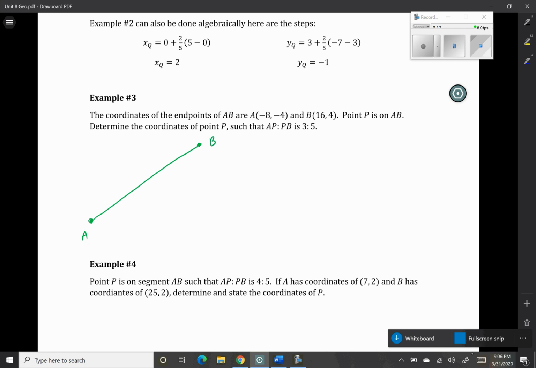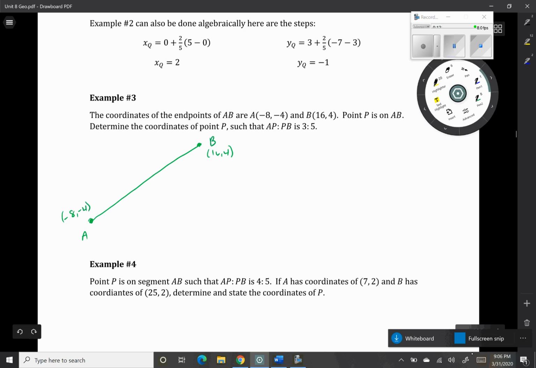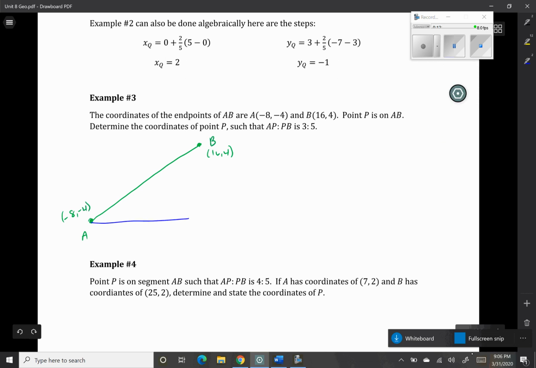Now, if point A is the coordinate -8, -4, and point B is the coordinate 16, 4, what I have to do is figure out how much I have to move to the right or left and up or down to get from A to B. If I start at -8 and go all the way to +16, that would be 24 boxes to the right. -8 to 0 is 8, and then 16 more would be 24.